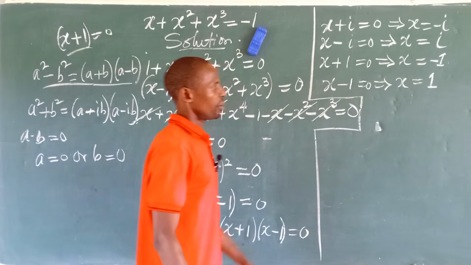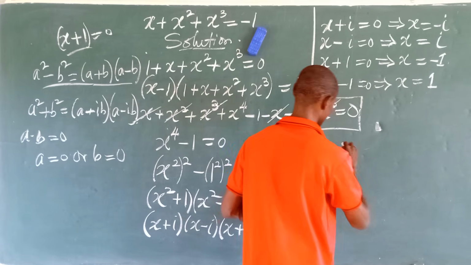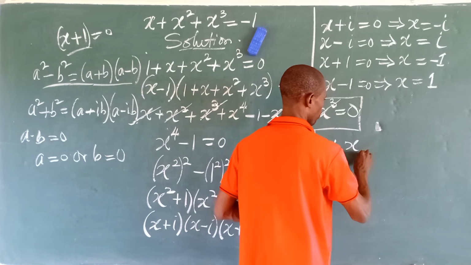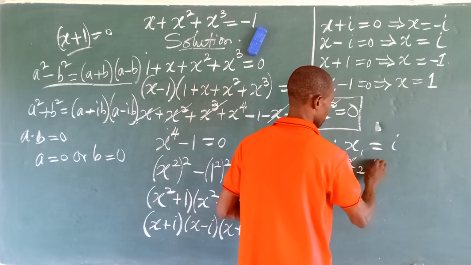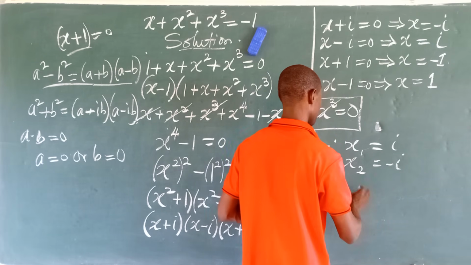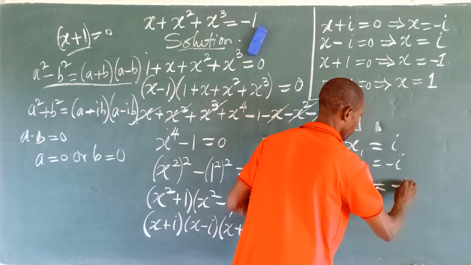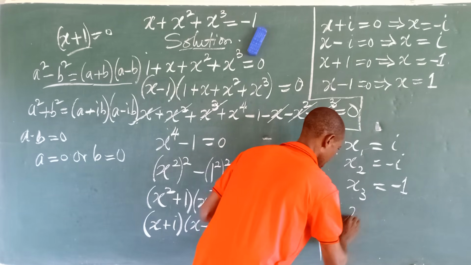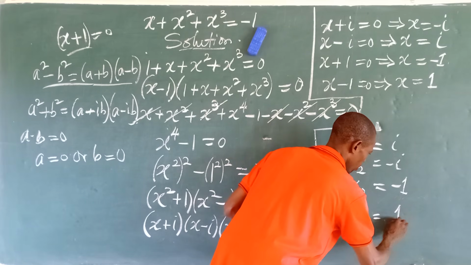So in the complex numbers, what are the roots to this challenge? We can now say, therefore, x1 is equal to iota, x2 is equal to minus iota, x3 is equal to minus 1, then x4 is equal to positive 1.